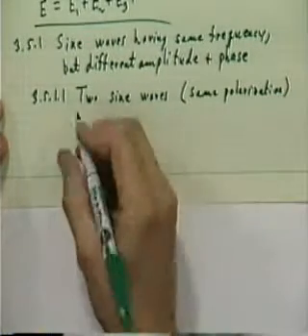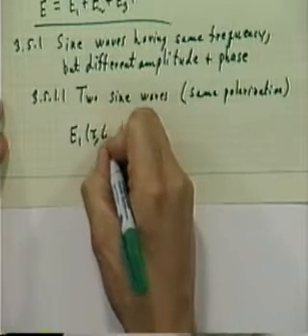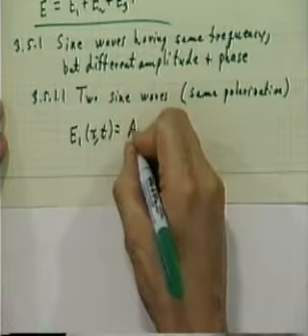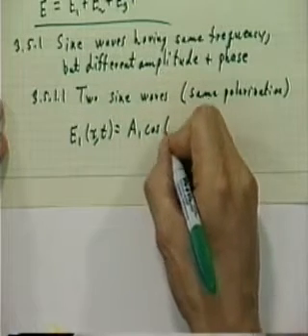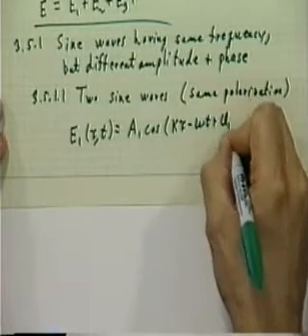And the first sine wave, we will write here: E1 of x and t is A1 cosine kx minus omega t plus phi 1.